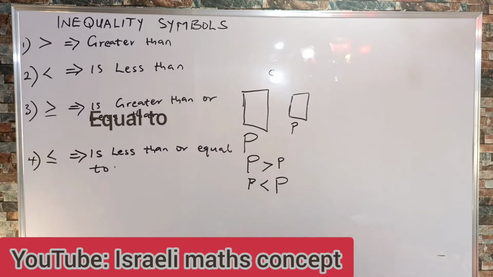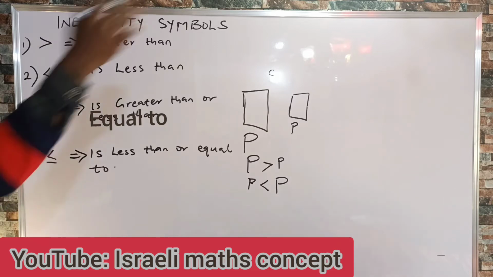This is very simple. When you are trying to interpret is less than or equal to in a real life situation, if you are given a particular number and this symbol, it simply means that you are taking values from that exact number you are given, then less than the number. Remember that for number 3, which is greater than or equal to, you take a value or range exactly from the number you are given and above.